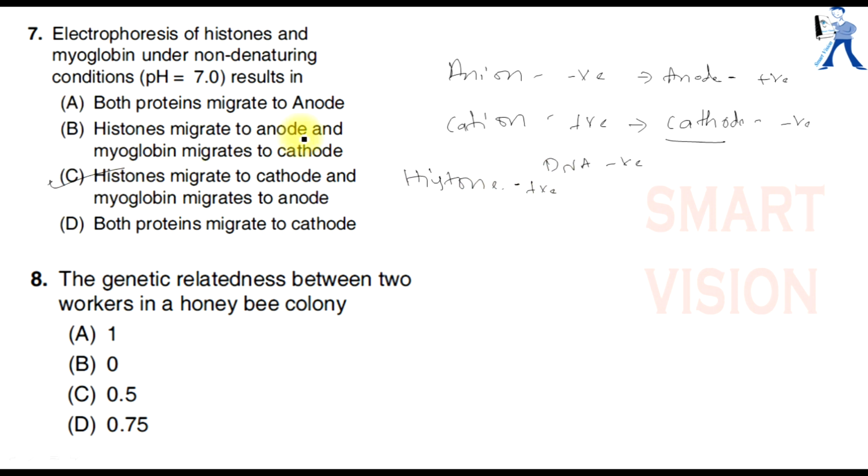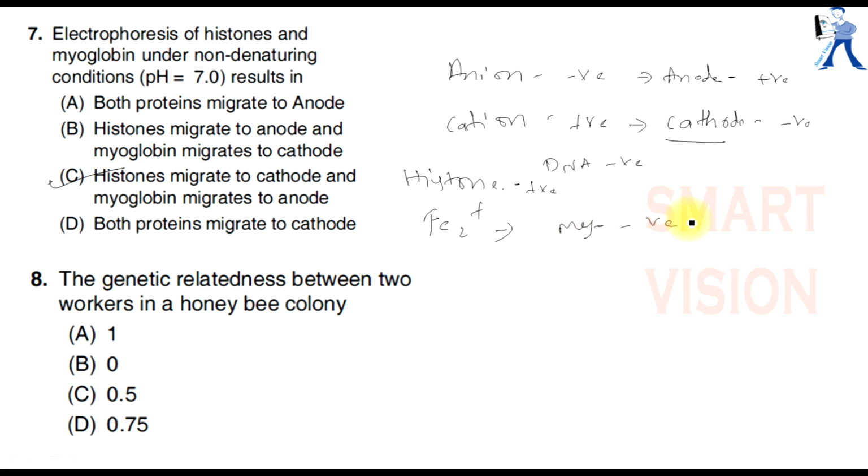And myoglobin. What is myoglobin? Myoglobin is an oxygen carrying protein, and it also carries iron. And iron ion is Fe2 plus, which is positively charged. So myoglobin has the negative charge.